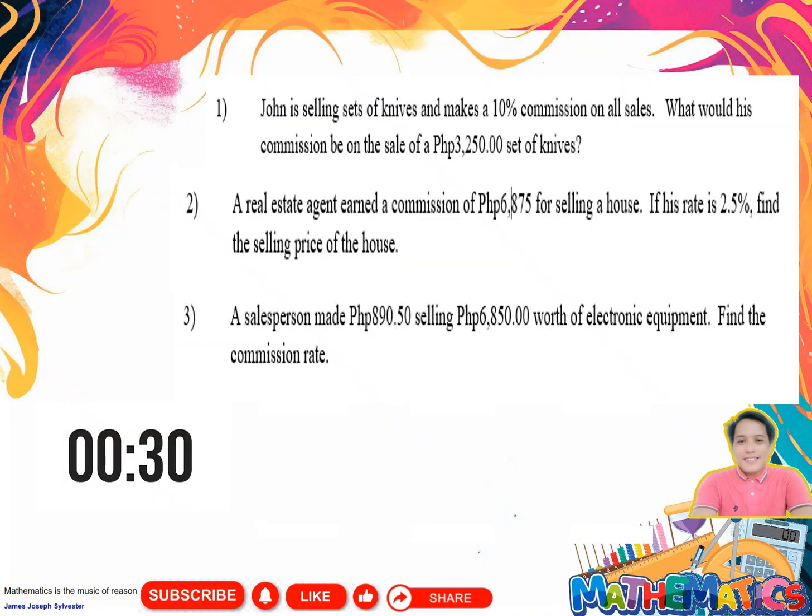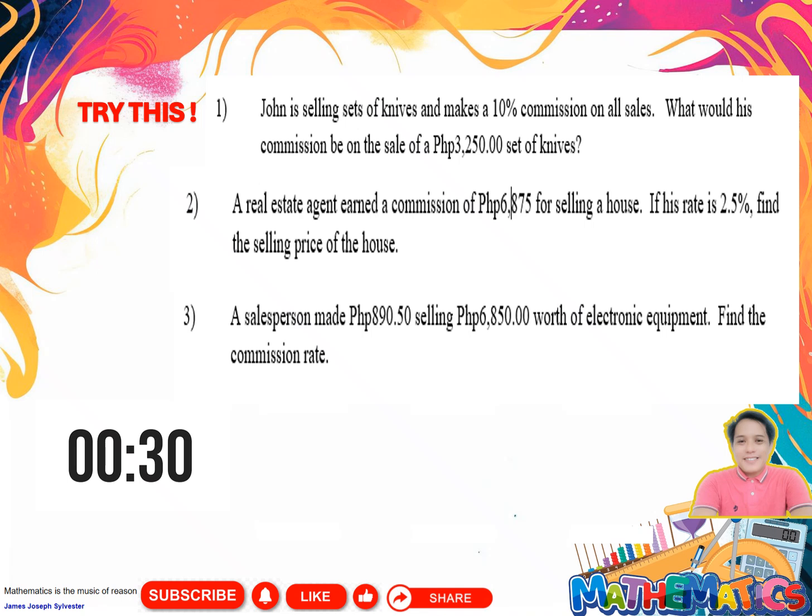Next problem, you may try this. In 30 seconds, you may answer this problem. Number one, John is selling sets of knives and makes a 10% commission on all sales. What would his commission be on the sale of a 3,250 pesos set of knives?